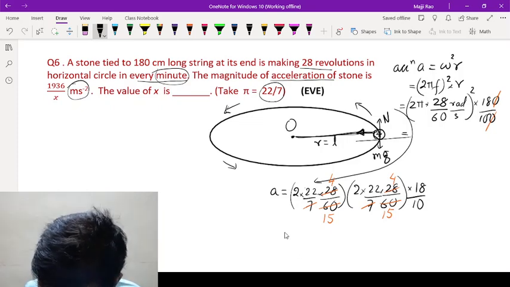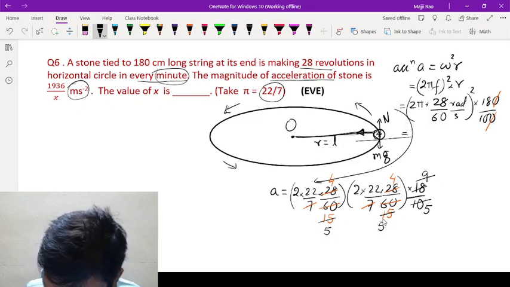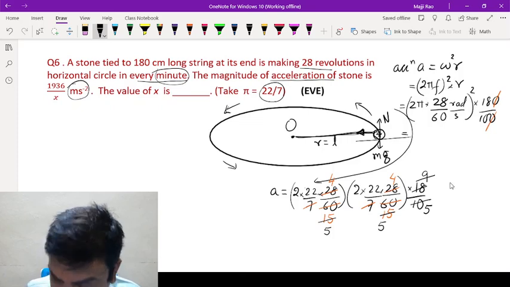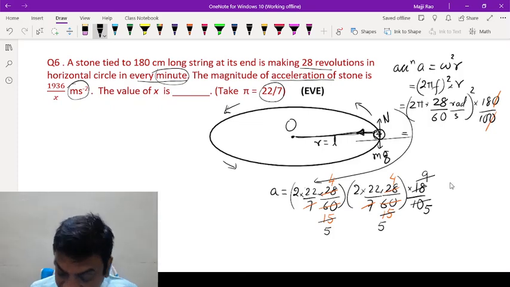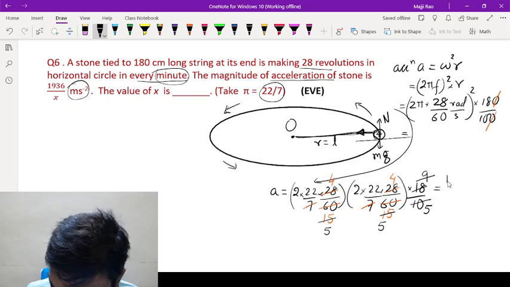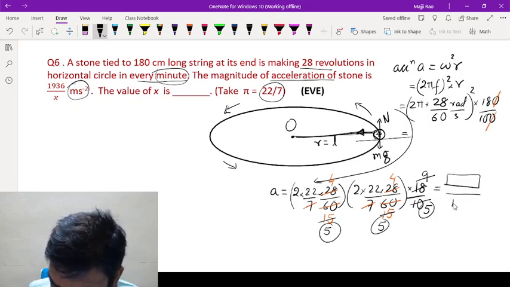Then 2 nines are 18 and 2 fives are 10. Now 3 threes are 9, 3 fives are 15, 3 threes are 9, 3 fives are 15. So we have been able to reduce it into simple terms. Regardless of the numerator, the denominator is 5 into 5 into 5, 125.